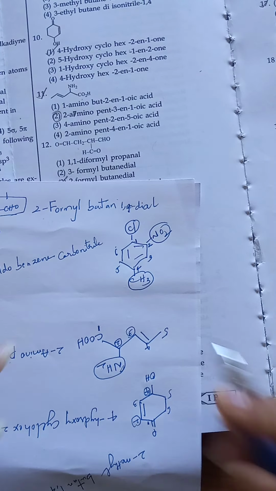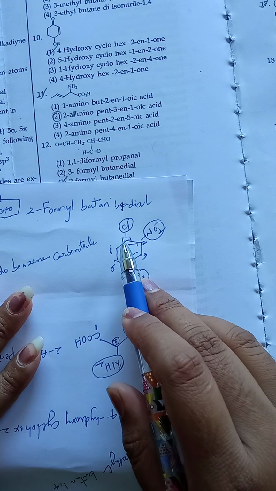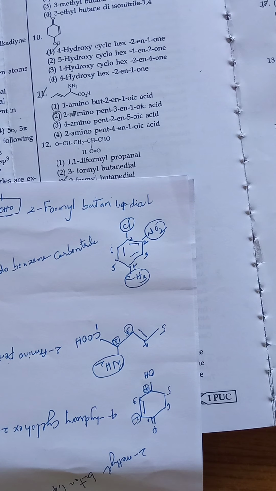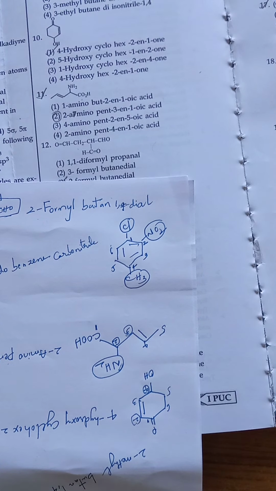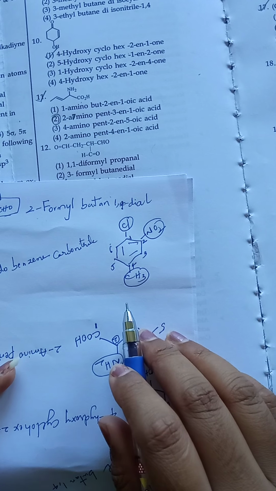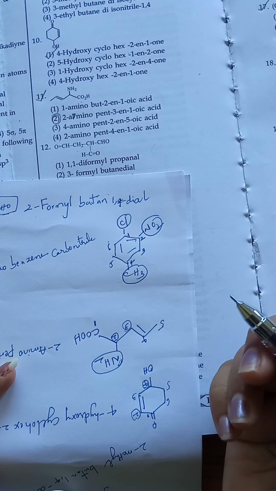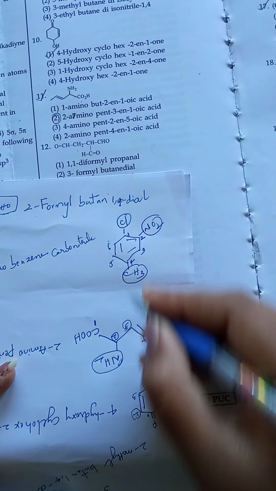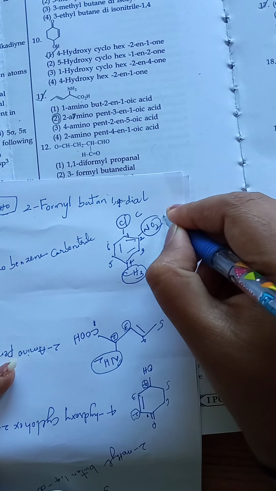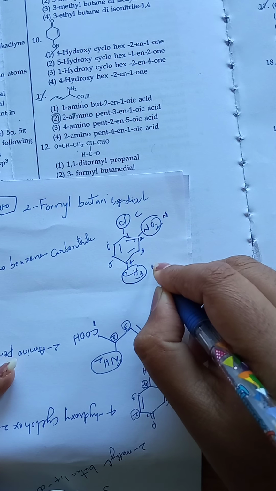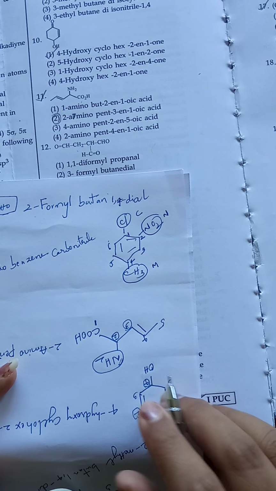I have taken this side. Understand? Chlorine is at the first position, the nitro group is at the second position, and the methyl group is located at the fourth position. Now we have to write according to alphabetical order. Chlorine starts with C, nitro starts with N, methyl starts with M. Which comes first?